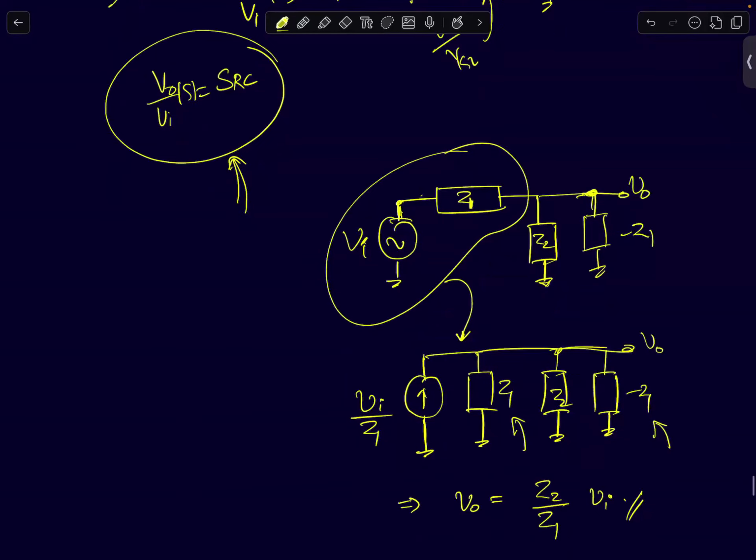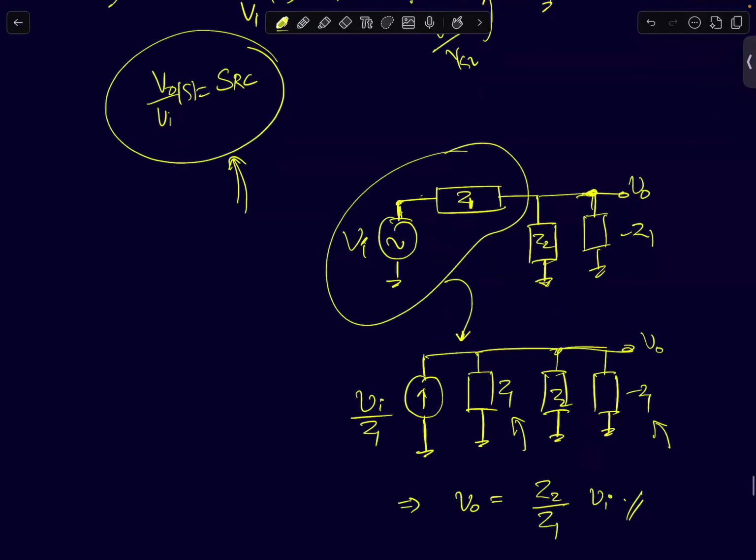I'm calling the feedback impedance Z2 and the input impedance Z1. So it will be minus 1 by SC upon R, so you get minus 1 by SRC. And for a differentiator, it was R with a minus sign by 1 by SC. So you get minus SRC. So I was able to realize ratio of impedances using op-amps, and that's how I was realizing ideal integrators and ideal differentiators.